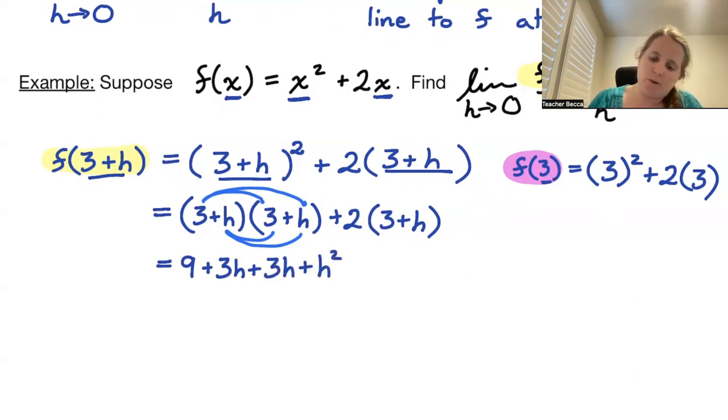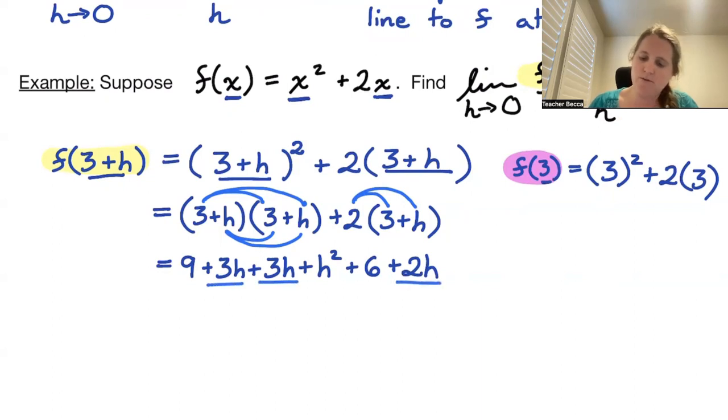For the second component, we have a plus 2 times 3 plus h. That 2 distributes to both the 3 and the h. We are looking at a plus 6 plus 2h. From here, all that remains is combining like terms. We have a plus 3h, a plus 3h, and a plus 2h, all of which can be combined.